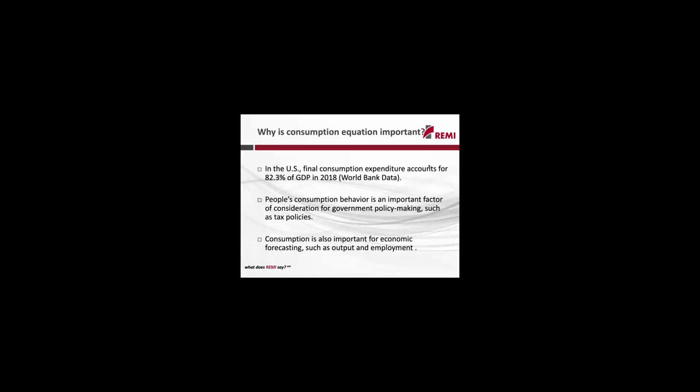But that may also change people's consumption behavior. Some people may turn to black markets for cheaper cigarettes. So that will result in a revenue outflow from the government and legal market to the black market. Third, consumption is also very important for economic forecasting because it links to a lot of very important economic variables such as output and employment.